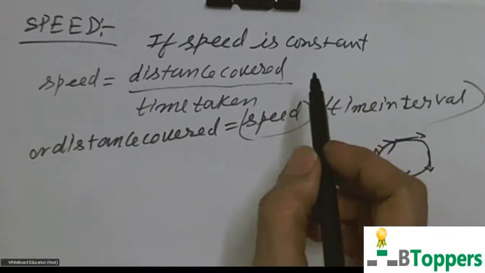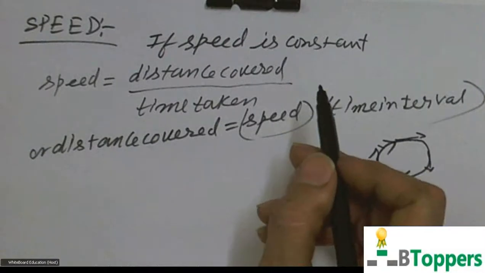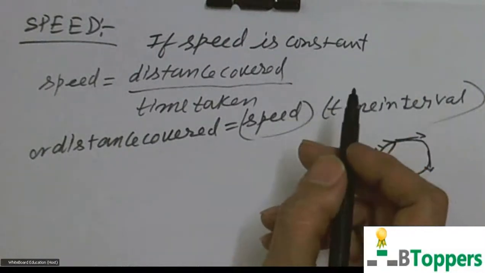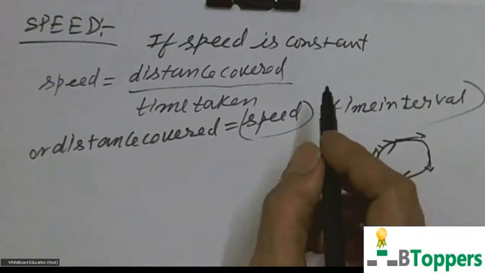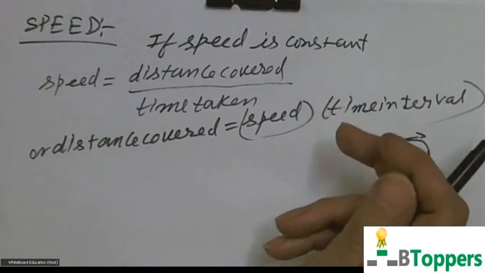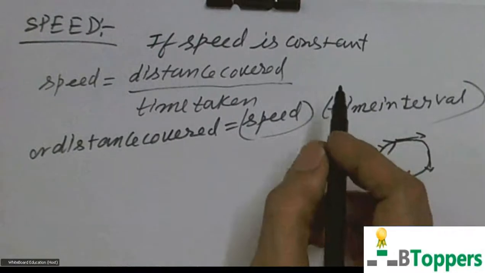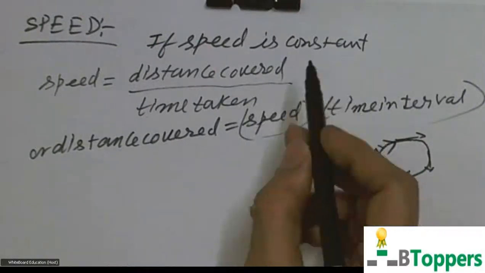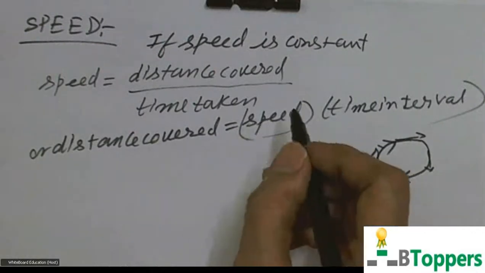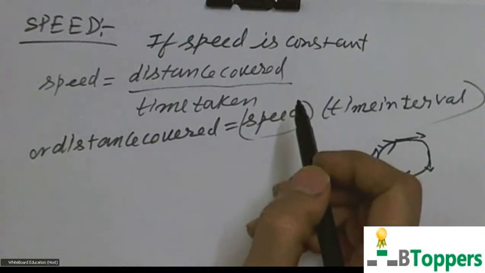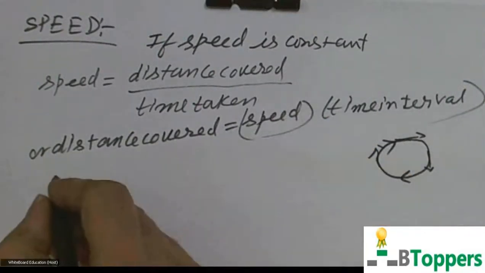We say that a particle has an acceleration only if its velocity changes, either in direction or in magnitude or both in direction and magnitude. So if the speed of a particle is constant, its velocity may not be constant and it may have an acceleration.